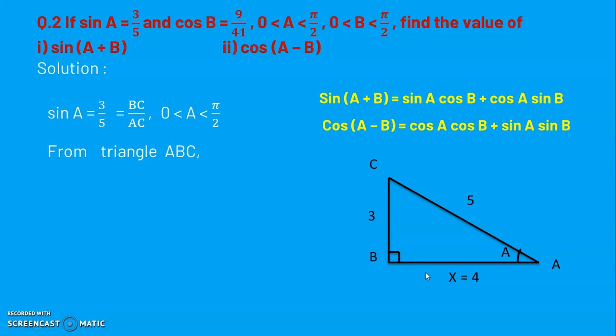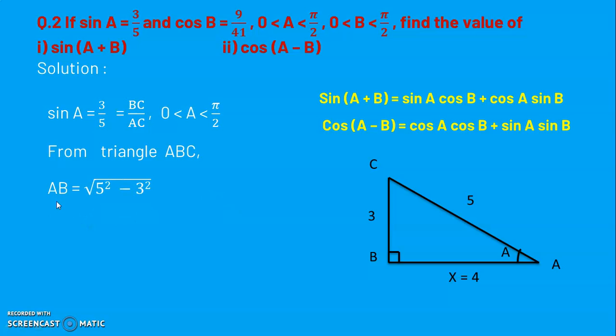So first we should calculate the AB value, that is x, the adjacent in the triangle. To know the adjacent value, we can apply the Pythagoras theorem: adjacent is equal to the square root of hypotenuse square minus opposite square.